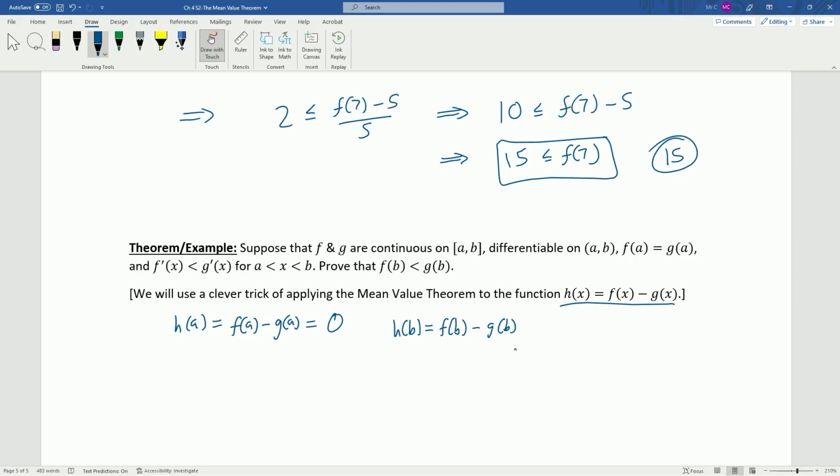Now, what else do we know? We know that f and g are continuous and differentiable. So, since f and g are differentiable and continuous, so continuous on the interval from a to b, and differentiable on the open interval, that implies that their difference, h, is as well.